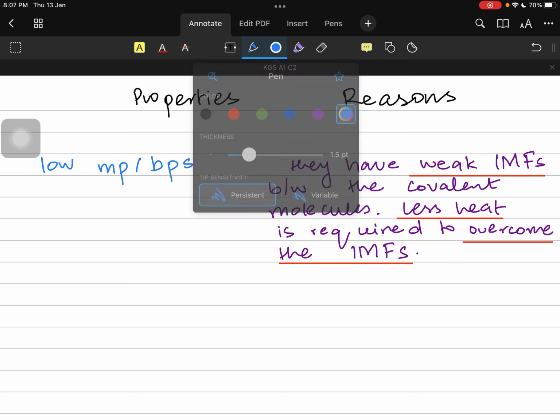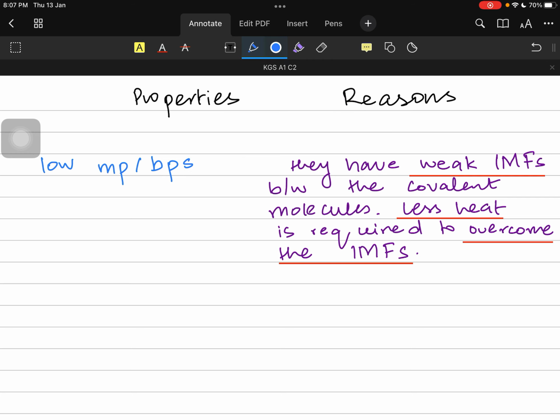They are generally gaseous, or very few are liquids, at room temperature and pressure. RTP means room temperature and pressure. What's the reason?